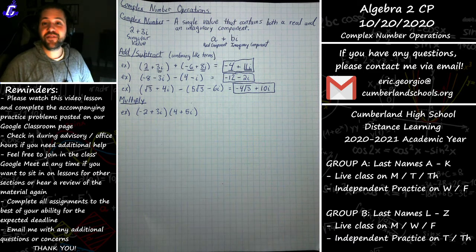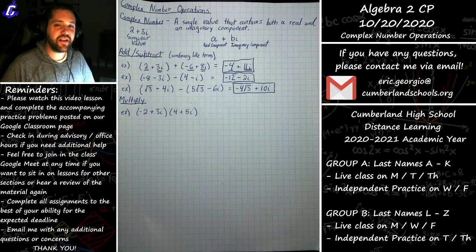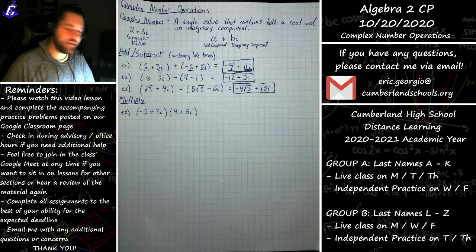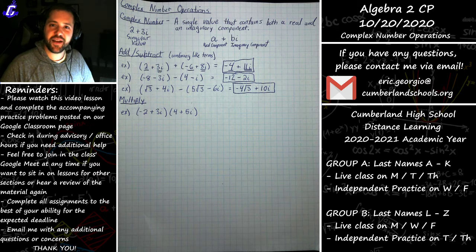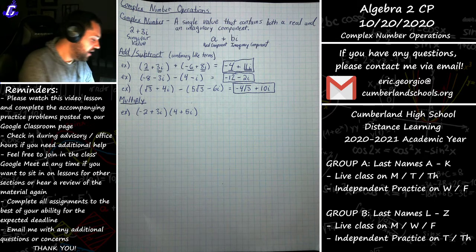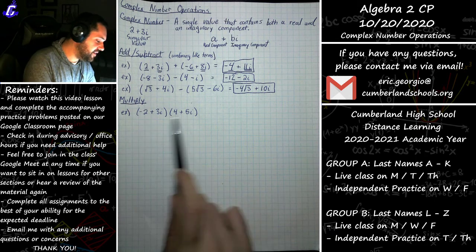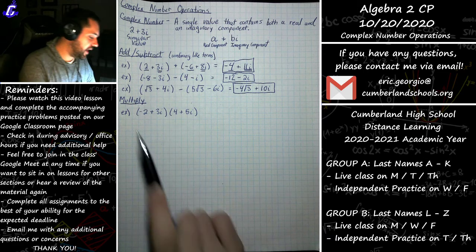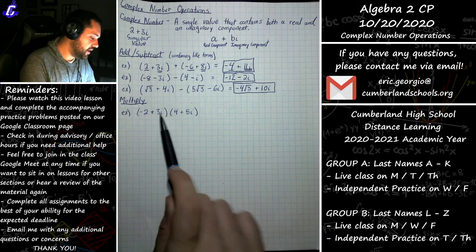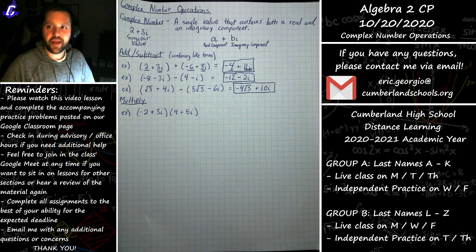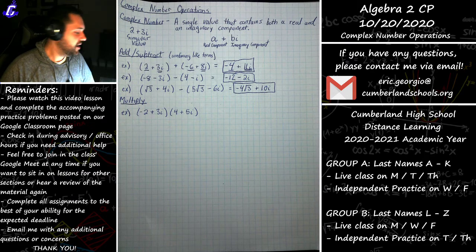So I hate that I even said that aluminum-related word on video because I'm sure someone's going to take that out of context and post it everywhere that I actually said it. But we're going to say that this is the distributive property. But you're absolutely right that I would do first, outer, inner, last. Later on, I'll get into my big rant as to why I don't like that aluminum-related acronym. But for now, let's call it the distributive property.